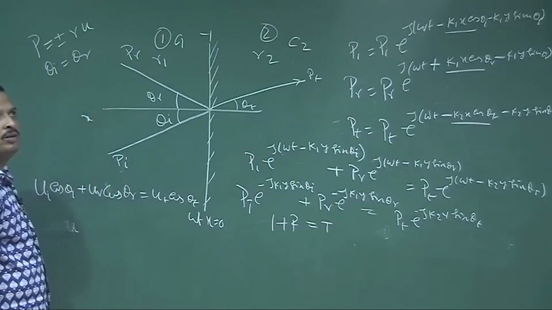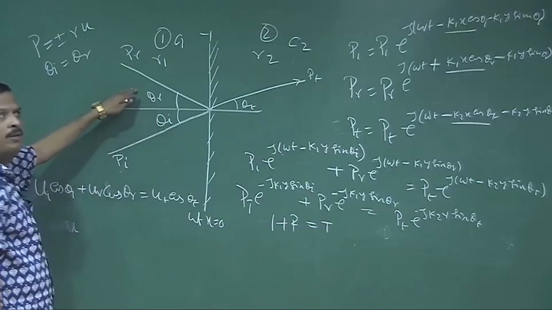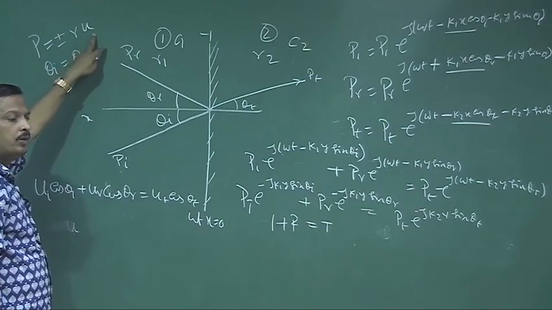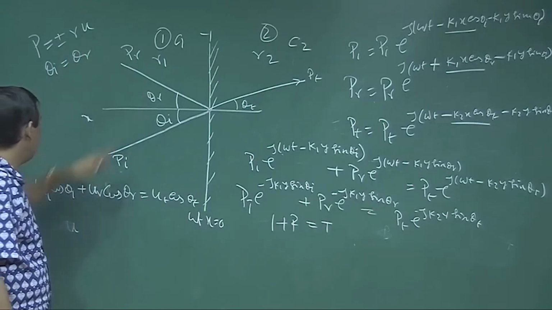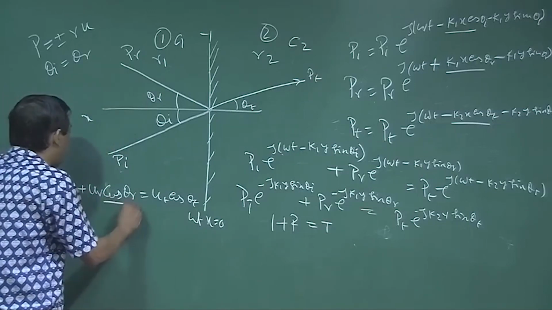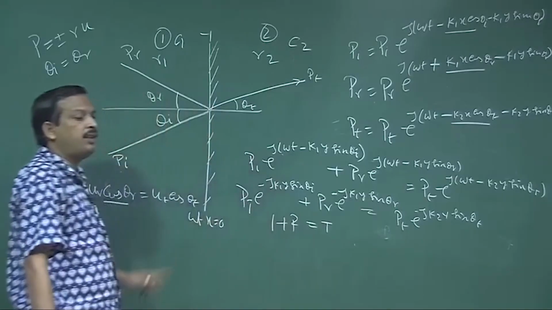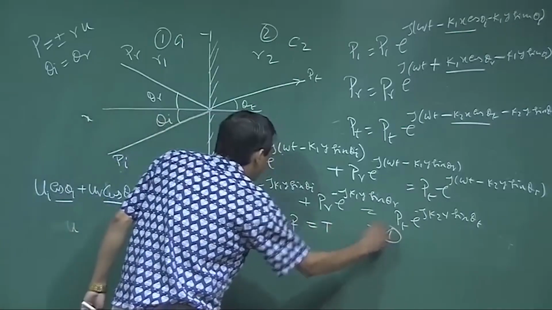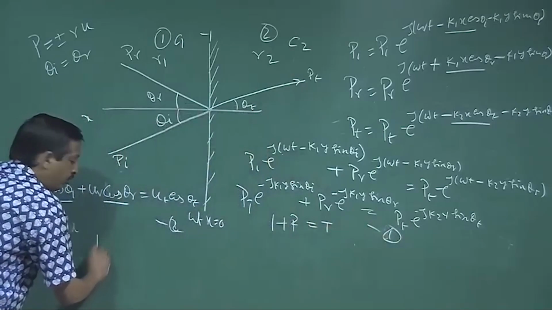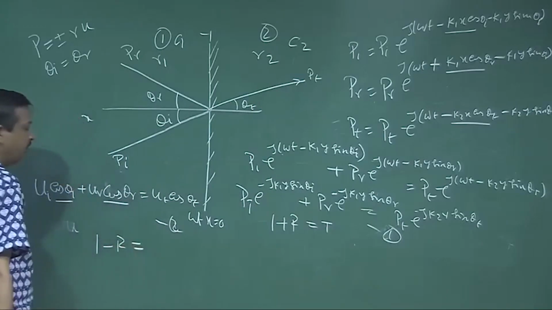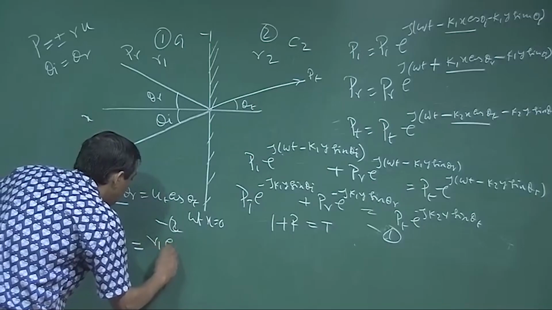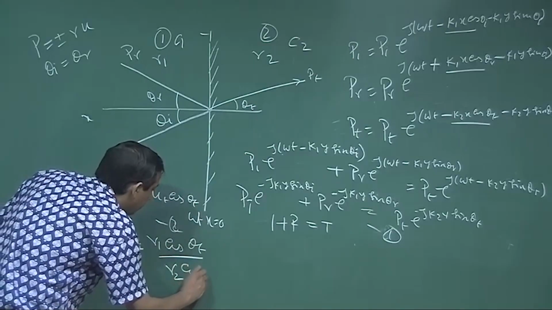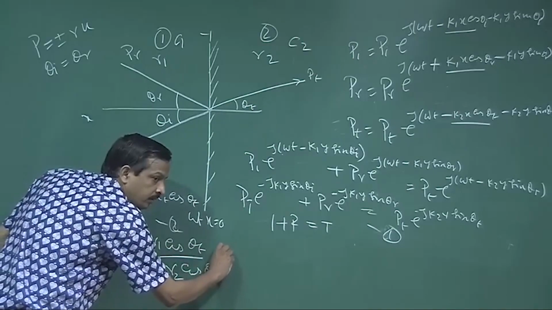These two things I know: the angle of incidence is equal to the angle of reflection, and p is equal to plus or minus r times u. So cos theta I is equal to cos theta r, and sin theta I is equal to sin theta r. So using this equation 2 and equation 1, I can get 1 minus r is equal to r1 cos theta t divided by r2 cos theta I into t.